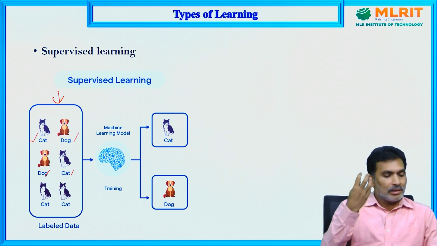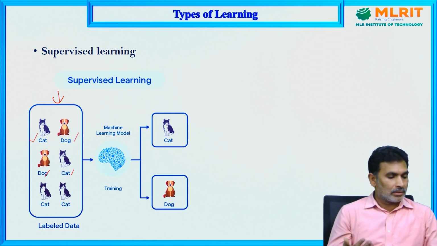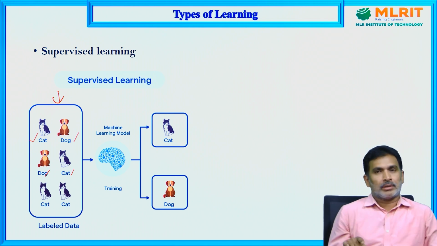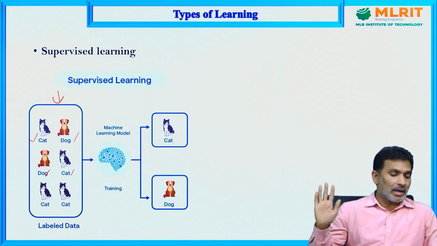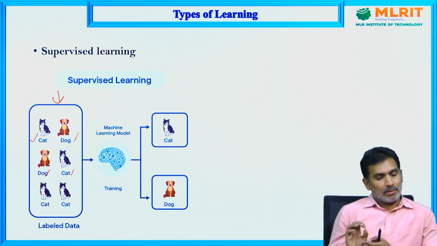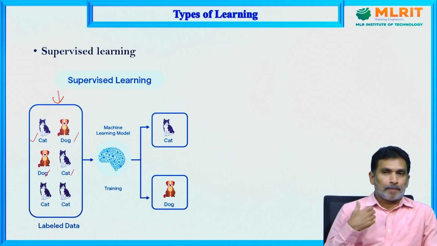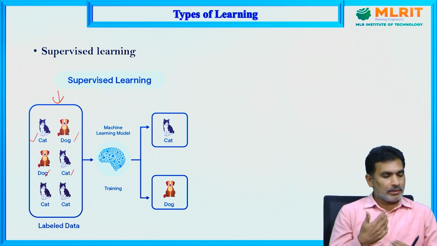If you show the images and tell them this is a cat, this is a dog, they will build some knowledge based on that. Then if you show an image of a cat without any label and ask them to identify what it is, they will identify it based on the knowledge they acquired from the previous training. So we have to train.